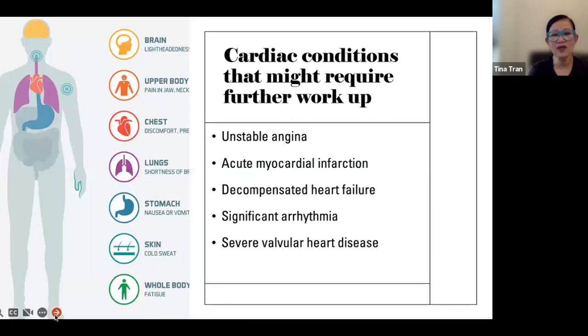Having an MI or acute exacerbation of any of these conditions can cause significant systemic changes. So look for all of that in addition to asking them about cardiac chest pain or chest pressure.